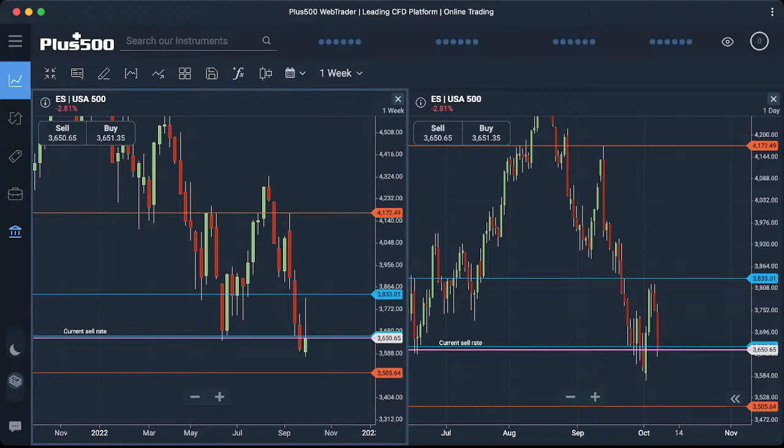So the market needs to correct and go to the upside, as I mentioned, based on the quarterly shift.